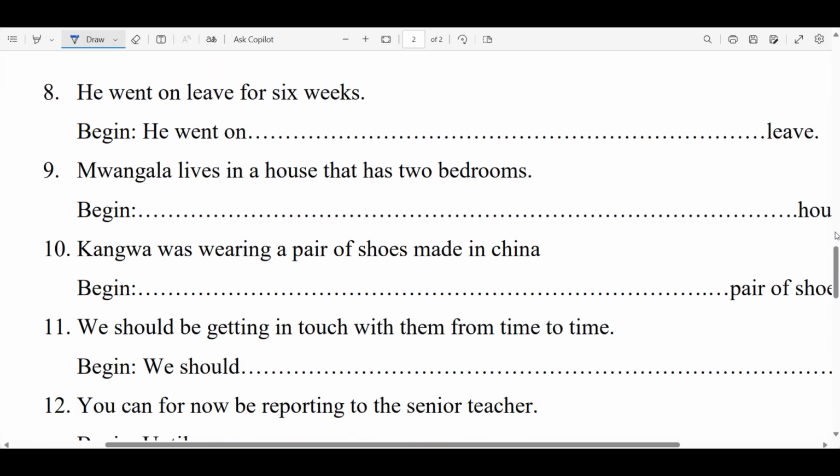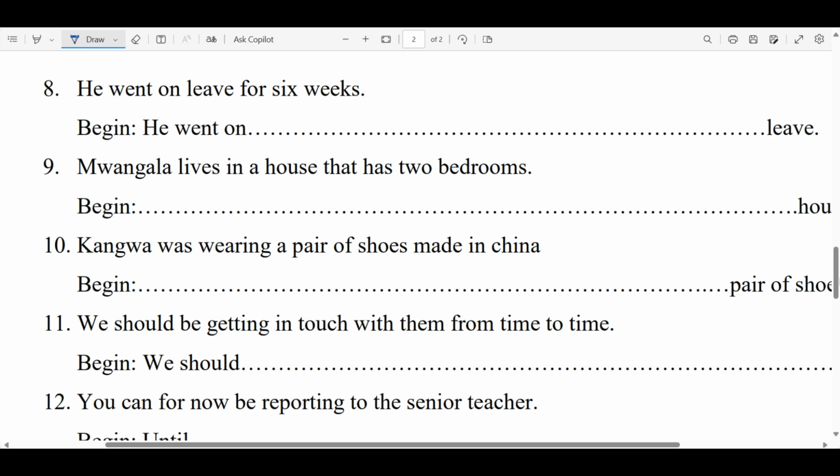So number 8 is where we are going to now use what we call the hyphen to form what we call compound words. For example, he went on leave for 6 weeks. So we are given the period. Then the question is begin, he went on, end with the word leave.